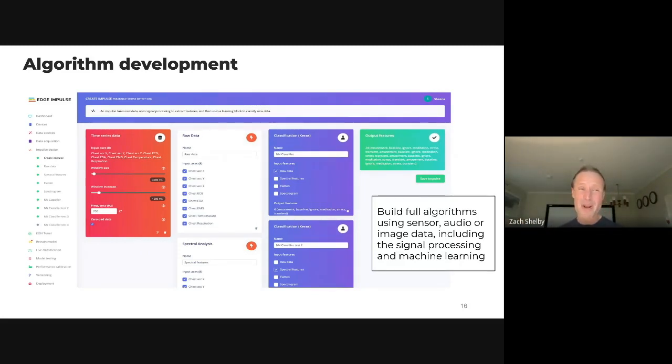We have a lot of things happening in data pre-processing. There's a lot of feature extraction work that we're doing before we ever get to a machine learning classifier. And so hosting that and being able to visualize it is really important. In this case, this is an algorithm that does this kind of stress detection using acceleration, ECG, EMG, chest temperature, respiration, and then in parallel, we do some interesting things with chest movement.